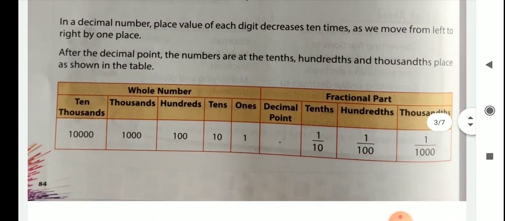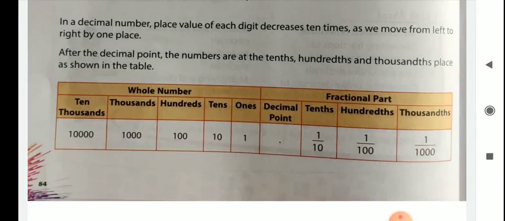Here you see one box is given: whole number, decimal point and fractional part. Like this we write 10,000, then 1,000, 100, tens and ones.